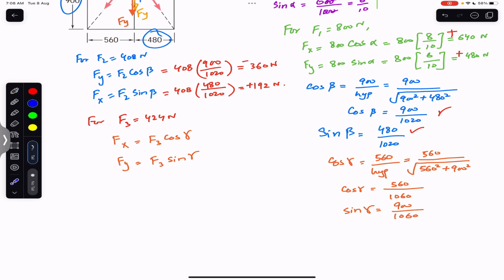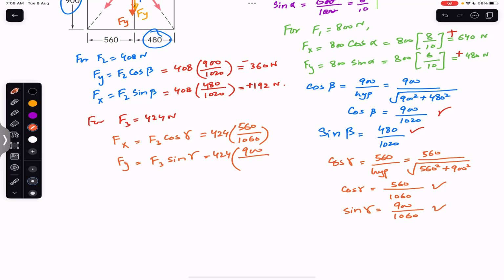So now we know that f of x is the cos component, f3 cos of gamma, f3 is 424. So now let's write that f3 is 424 and cos of gamma is 560 divided by 1060. And similarly, f3 is again 424 and sine of gamma is 900 divided by 1060.